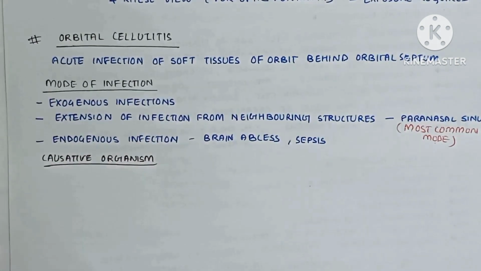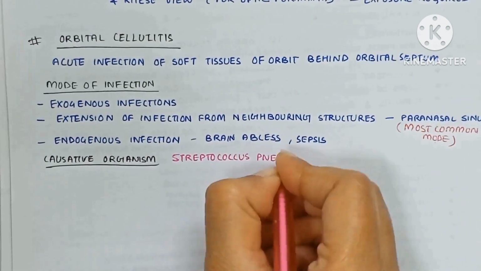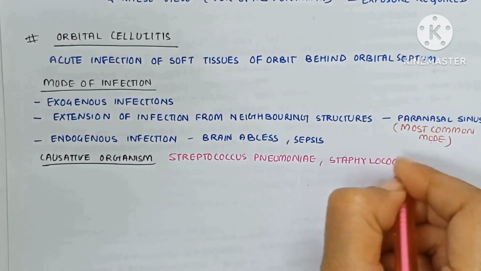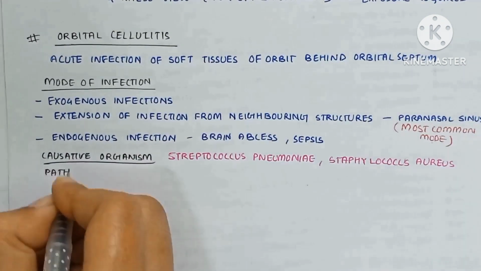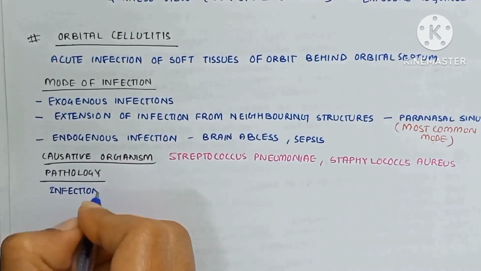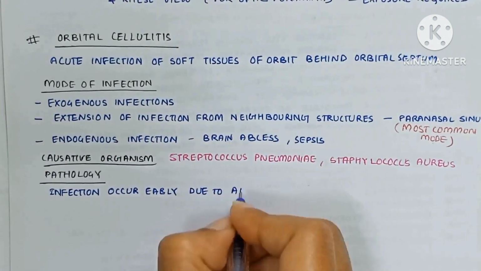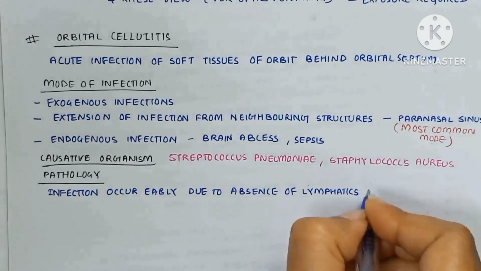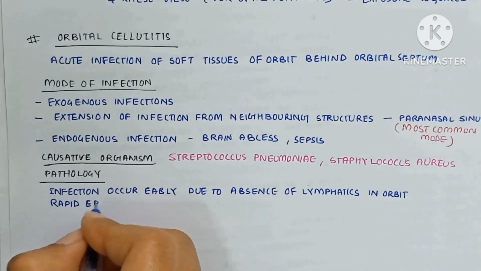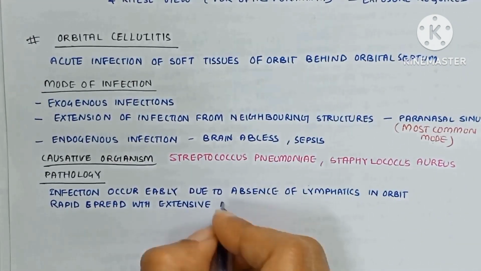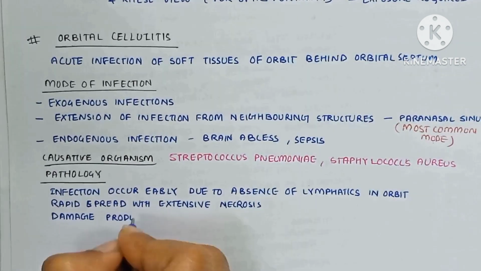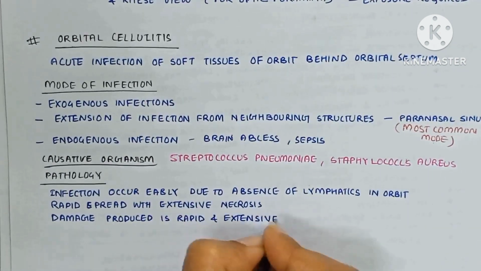The causative organism is Streptococcus pneumoniae or Staphylococcus aureus. The pathology is that infection occurs early due to the absence of lymphatics in the orbit, with rapid spread and extensive necrosis. The damage produced is rapid and extensive.